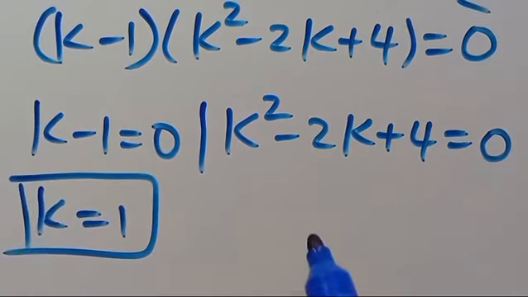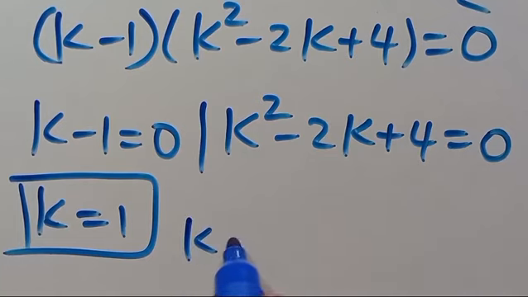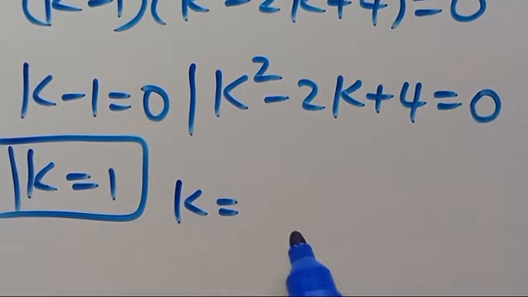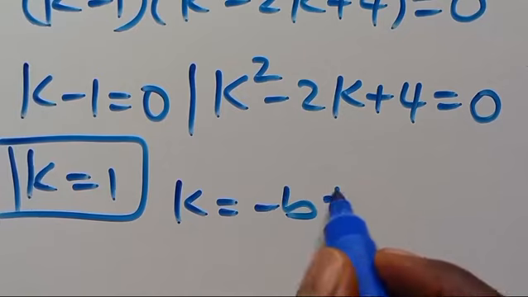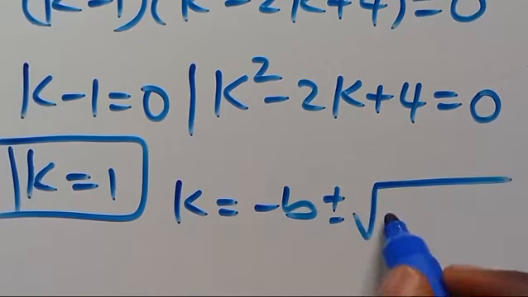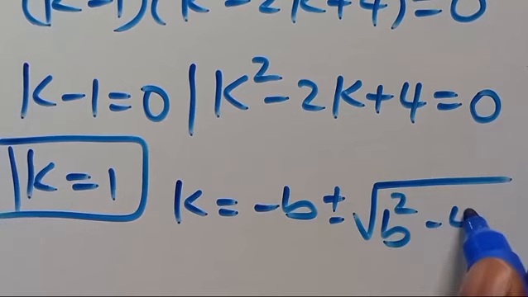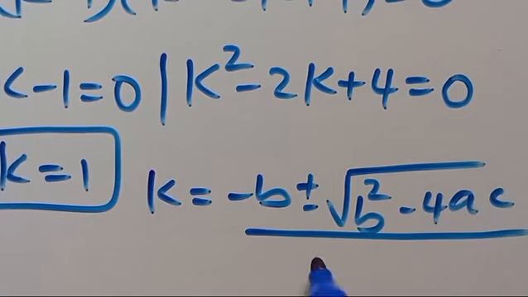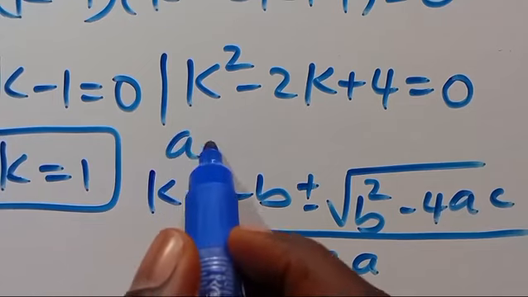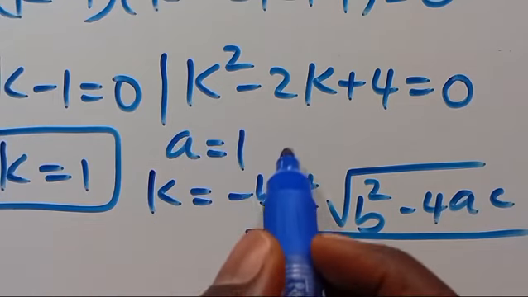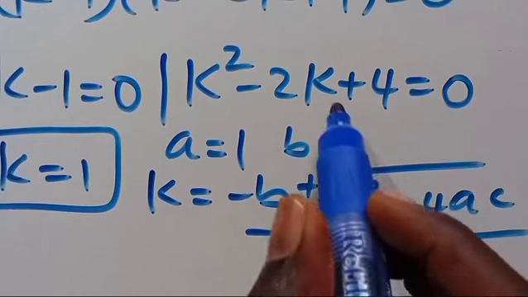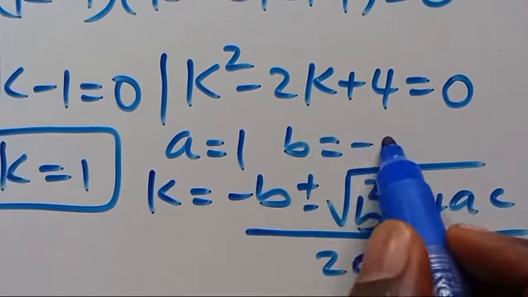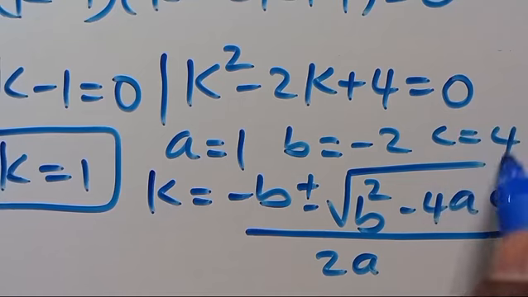Then again we have k equals −b, positive or negative, root of b² minus 4ac, divided by 2a, where a is the coefficient of k², which is 1, b is the coefficient of k, −2, and c equals 4.